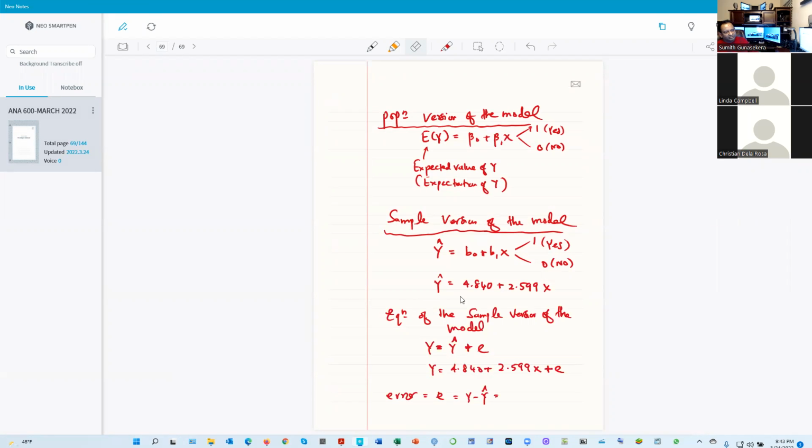It's the equation of the model with the error. If you put it here like that, that's okay. But if you need the error, you simply subtract y minus y hat. If you write it this way, make sure to write absences hat equals 4.840 plus 2.599 romantic.